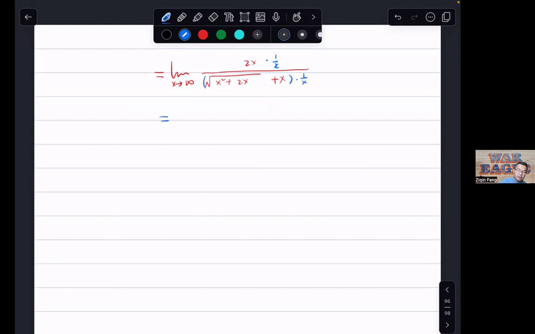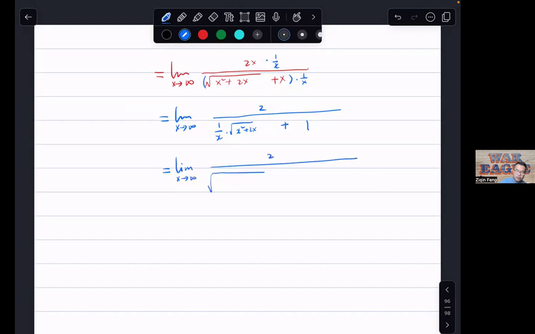So this is equal to, as x goes to infinity, 2 over, doing the distribution on the denominator, 1 plus 1 over x times sqrt(x squared plus 2x). Right, now we want to put our 1 over x into the square root. So this is, as x goes to infinity, 2 over sqrt(1 over x squared times (x squared plus 2x)) plus 1, right?